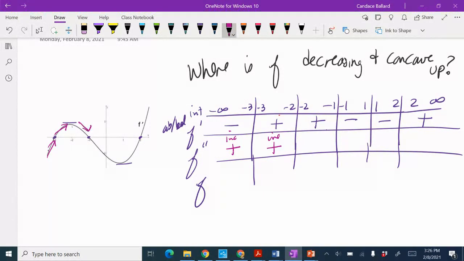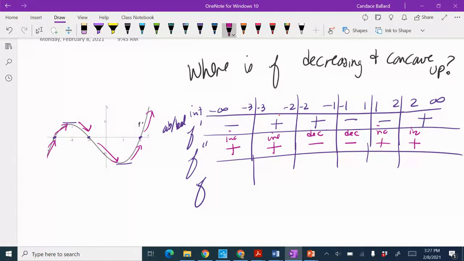Between -2 and 1, I'm going down. I'm decreasing, which means my second derivative is negative. I'm still decreasing, so I know that I am negative. I'm increasing and increasing again, so if both of these are increasing, that means I am positive on both.